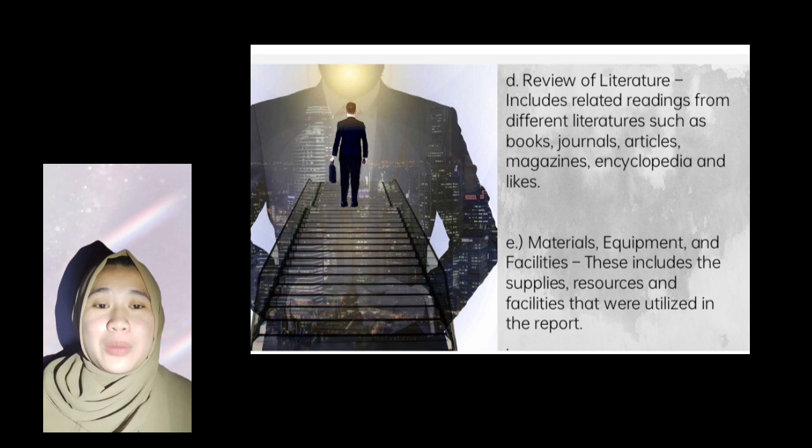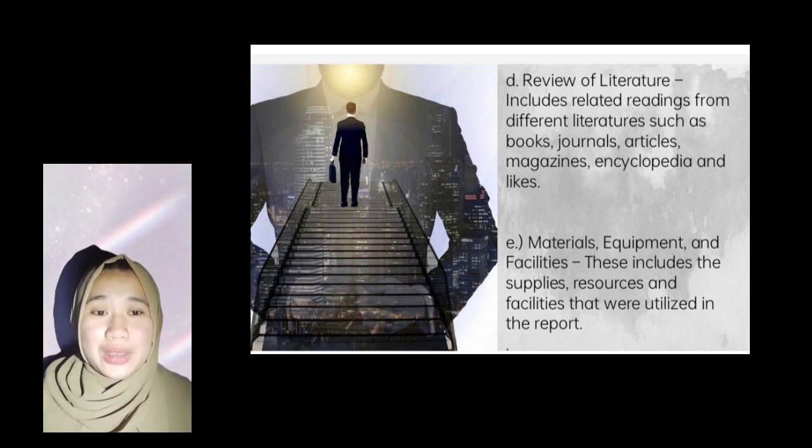Next, we have the materials, equipment, and facilities. This includes the supplies, the resources, and the facilities that were utilized in the report. For instance, the supplies are the materials, instruments, or tools used in the research process. We have the resources.